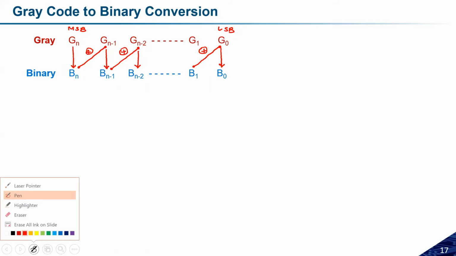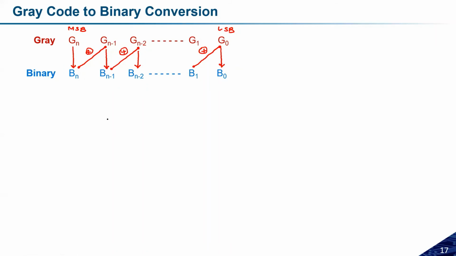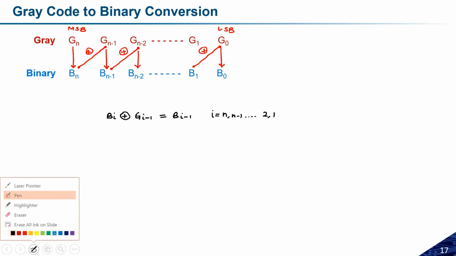If we try to write it mathematically, for the bits other than the MSB, Bi XORed with Gi minus 1 is equal to Bi minus 1, where i is n minus 1 to 1. So this is the formula that we should consider.